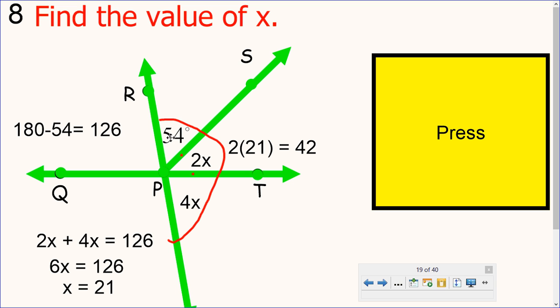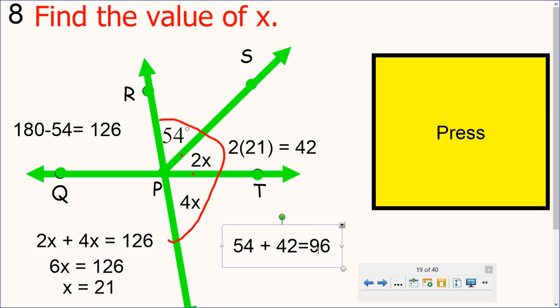I notice this is 54 and this is 42. If you remember, I took the 54 away from 180, and that left me with 126. So if I add these two up, let's see what they add up to. 54 plus 42, that adds up to 96.